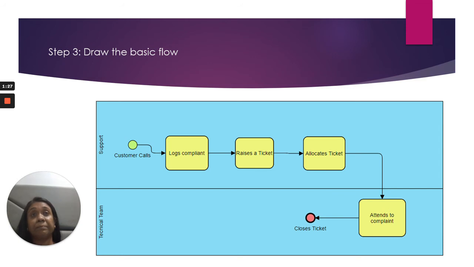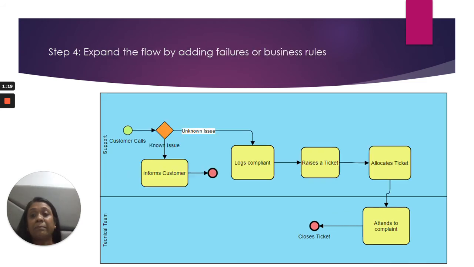Our last step, step 4, will be to further expand this flow if you want to include failures or business rules. So let's say in our basic flow, we want to add a business rule wherein the customer calls and the support team analyzes the complaint and identifies whether it's a known issue or an unknown issue.